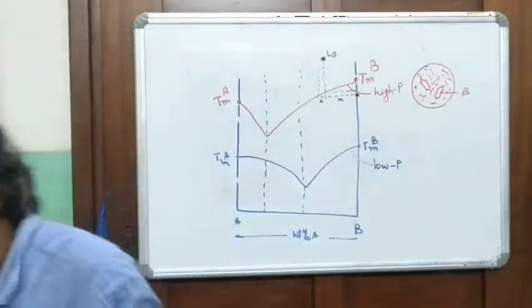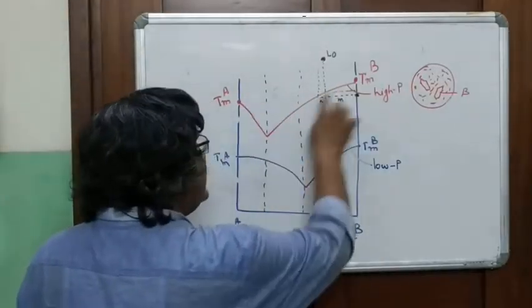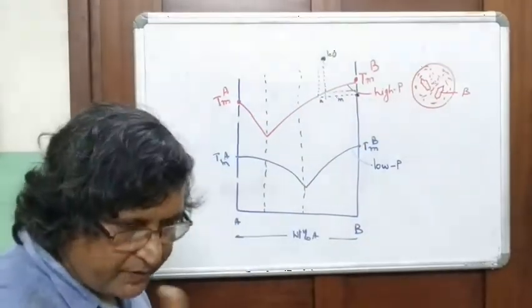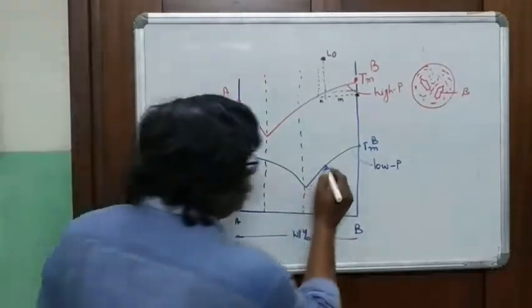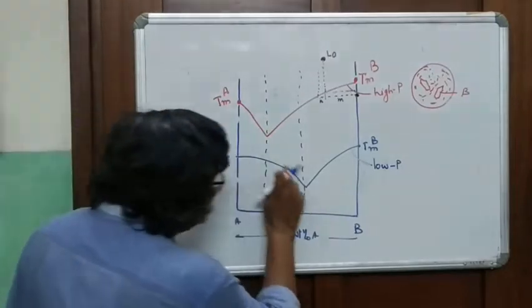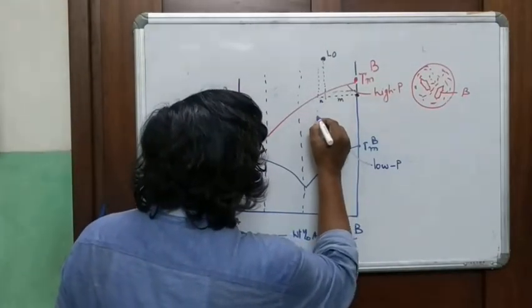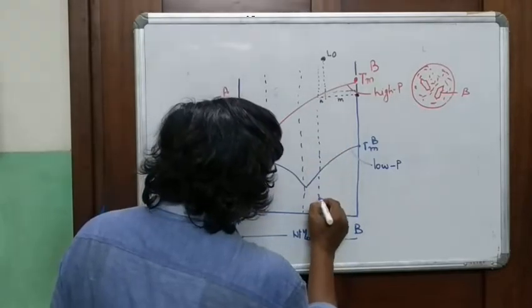If you do that, then now you see, forget this red line now, because we are no more at the high pressure, we are in the low pressure. And this diagram becomes valid. Now, with respect to this diagram, this is the melt composition now.